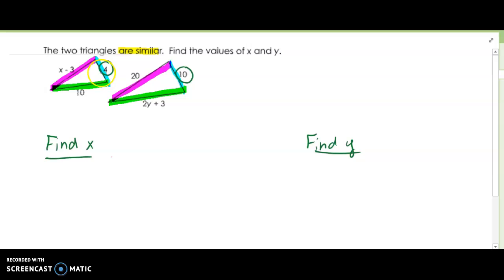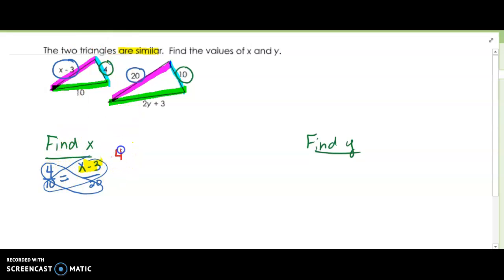So I'm going to say 4 is to 10 as, solving for X here, X minus 3 is to 20. I want to cross multiply. Remember, when I cross multiply, this here has to go into parentheses.